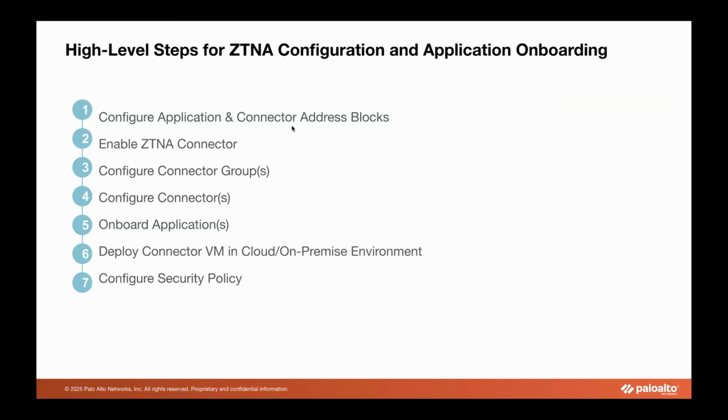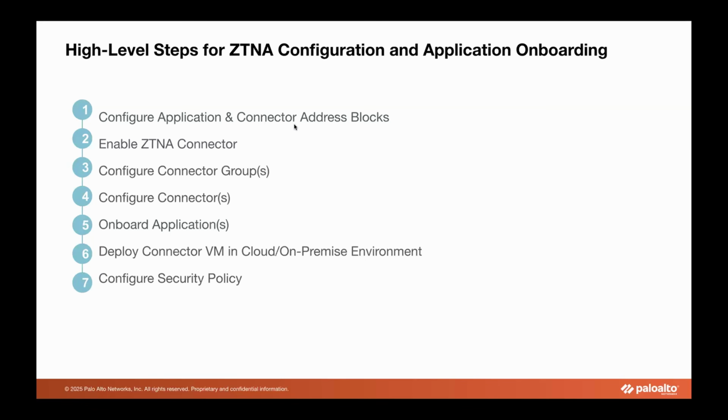Similarly, we have connector IP blocks, which are defined, and those help in giving those connector Anycast addresses to the connector groups and connectors for passing the traffic to the connectors.